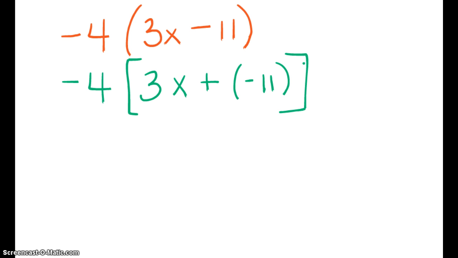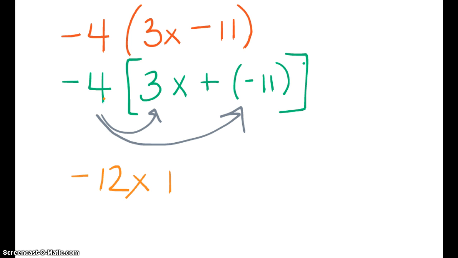Now you're going to distribute your negative 4 to everything on the inside. So negative 4 times 3x is negative 12x, plus negative 4 times negative 11 is a positive 44. So this is your expression simplified after you distribute.